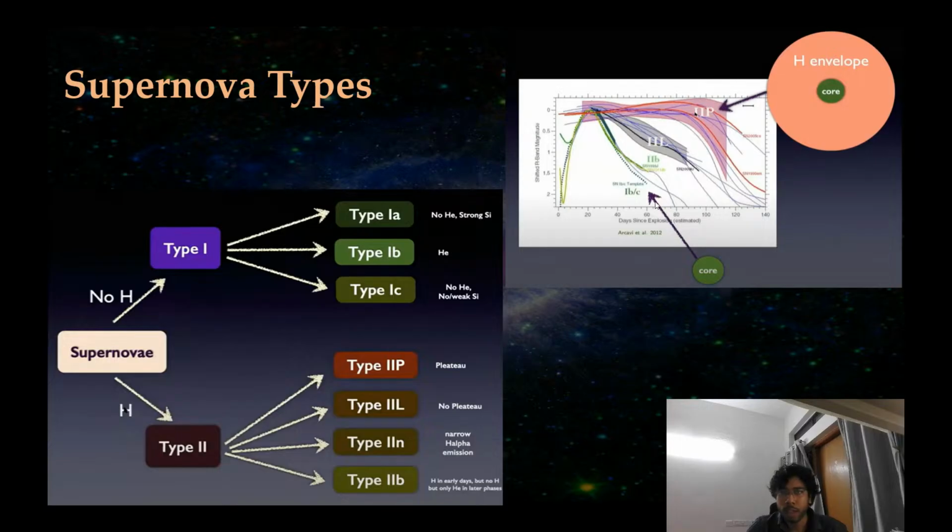So they will have this type 1 supernova, right? And that's why we don't see any hydrogen lines in type 1 supernova. That is the basic physics of why there are two types of supernova and how they are different.